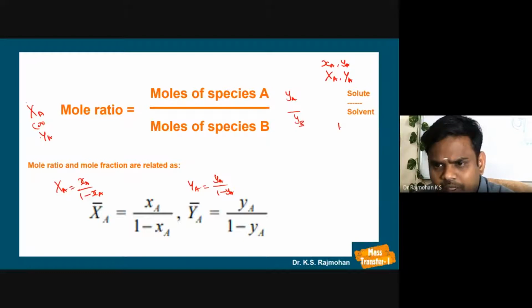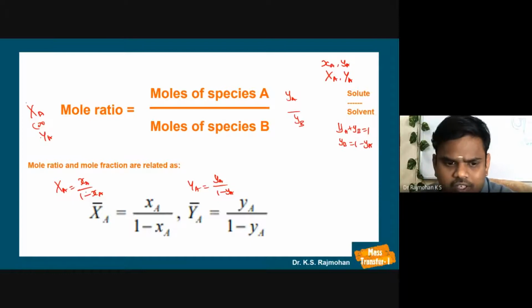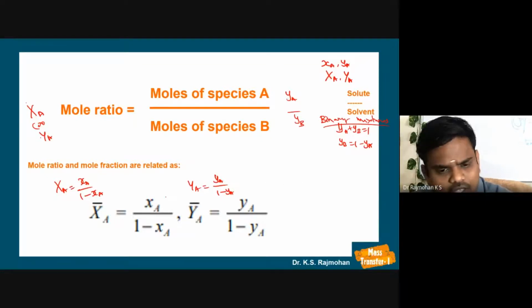If it is a binary mixture, yA plus yB equal to 1, therefore yB can be written as 1 minus yA. So yA by yB is yA by 1 minus yA for binary mixtures. Particularly in gas absorption, we consider mostly binary mixtures. So we have capital YA equal to yA by 1 minus yA.